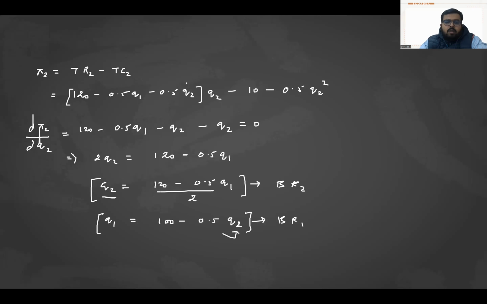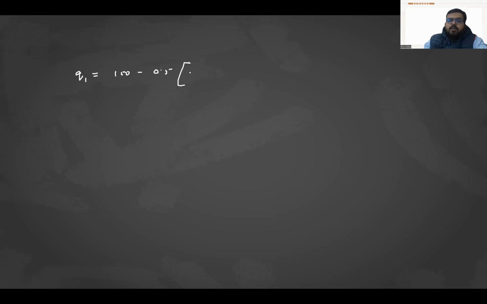So it will be Q1 = 100 - 0.5 times Q2. For Q2, what can we write? (120 - 0.5Q1)/2. All we need to do is solve this.